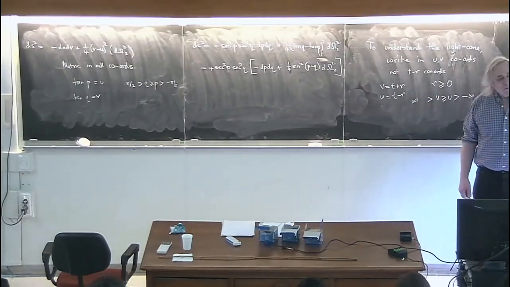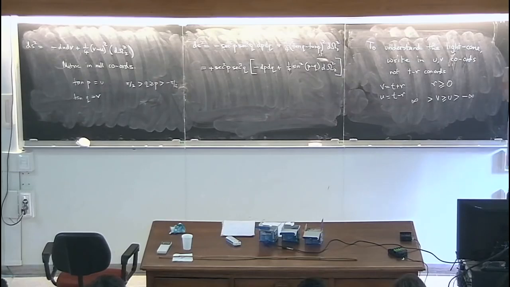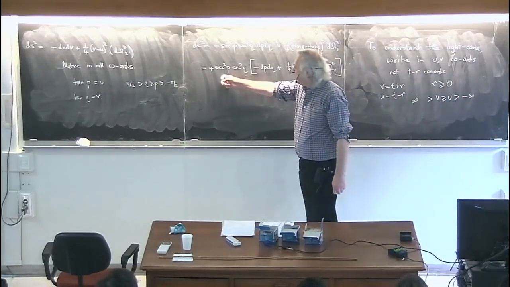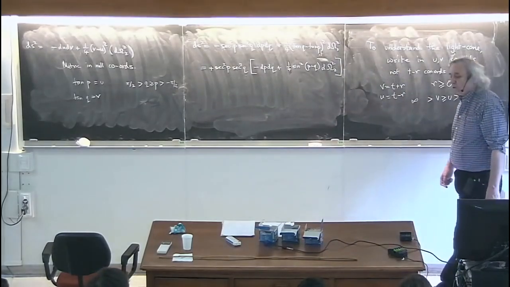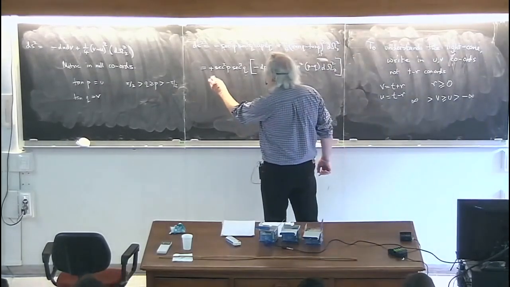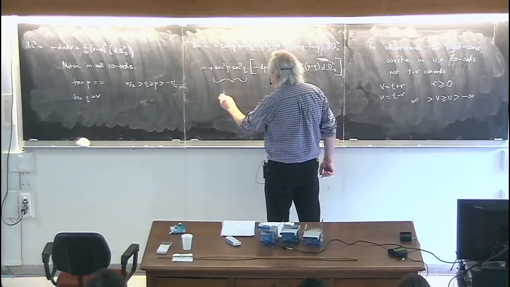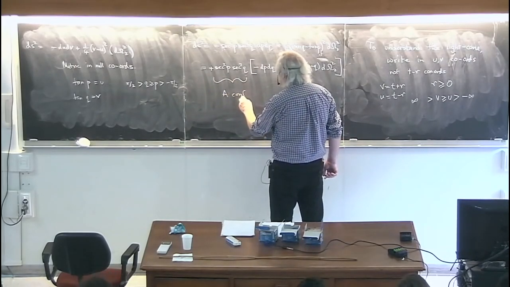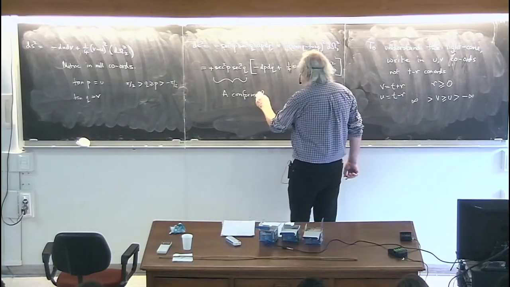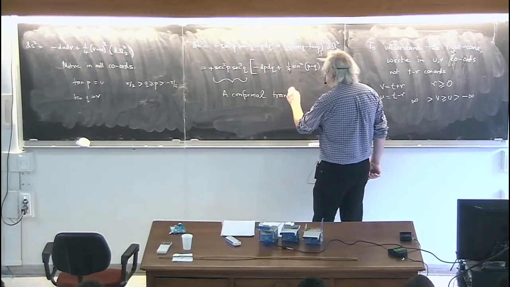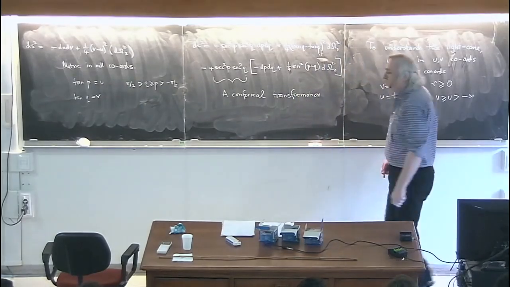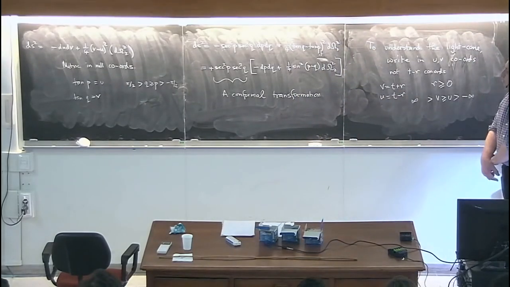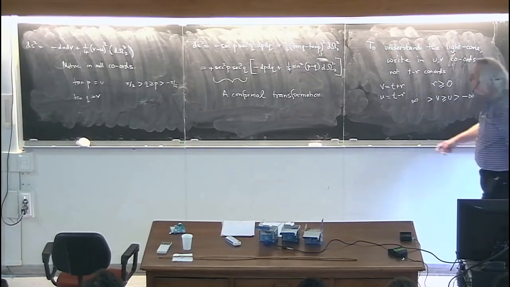So now that looks like a conformal transformation on some relatively simple space-time, which we will investigate. So I want to call this the conformal transformation. You'll notice that at p and q is plus or minus pi by 2, this thing becomes infinite.